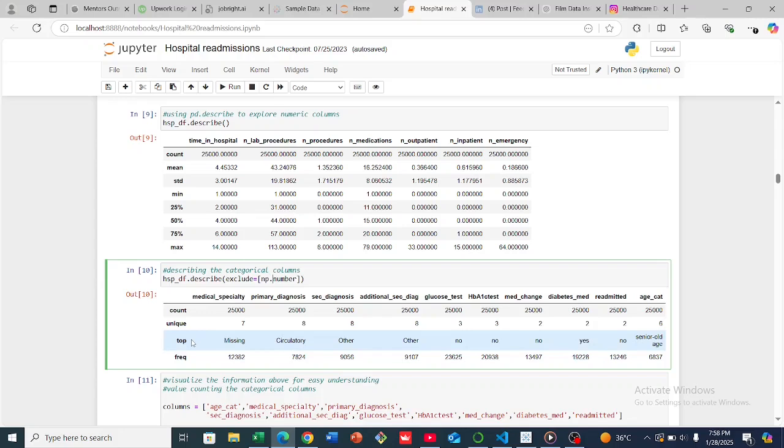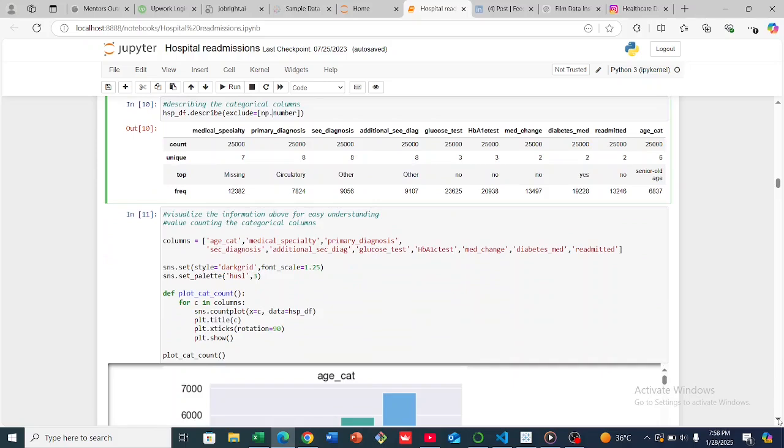We could see our top value for medical specialty was missing, and it occurred 12,382 times. It also shows us that we have 7 unique medical specialties, and you could see that for all the categorical columns.